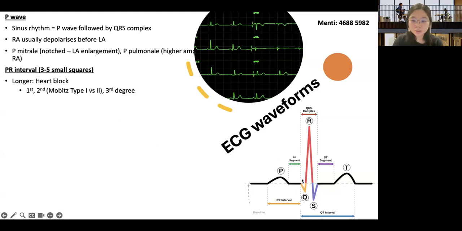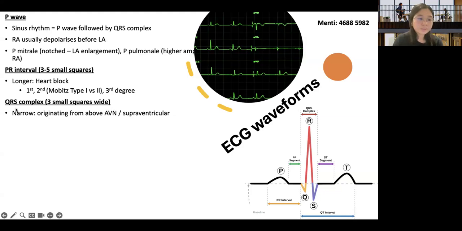For the PR interval right here, if it's prolonged, you would be thinking about heart block, and there are many different types. Not sure I have enough time to go through them, but very important to go and learn that.